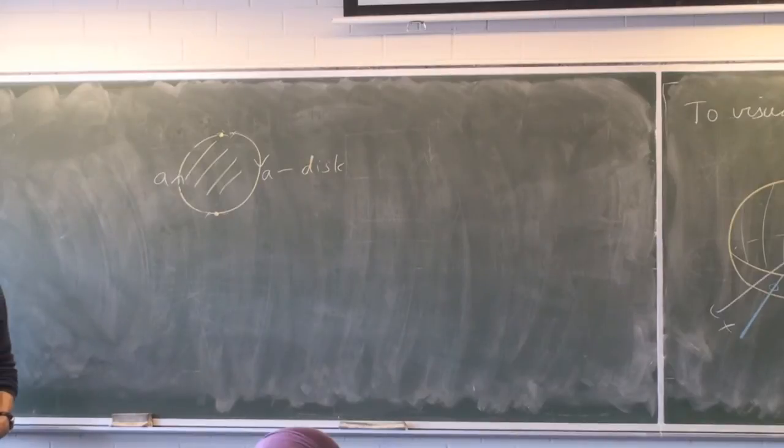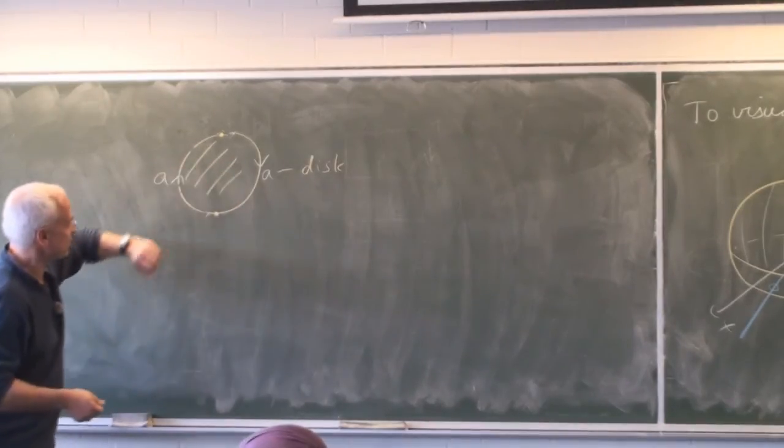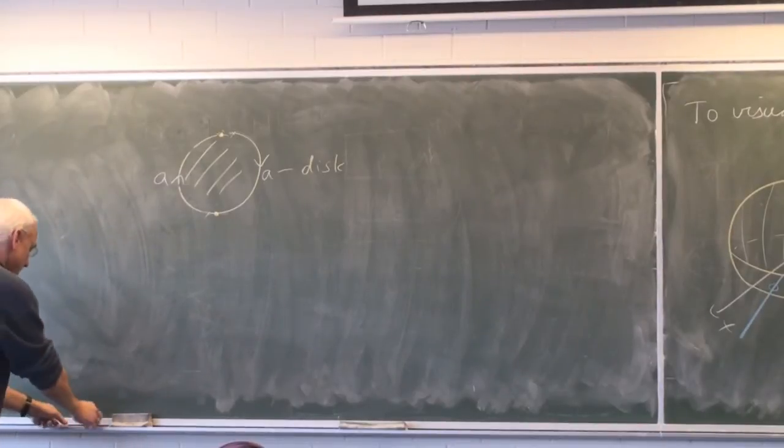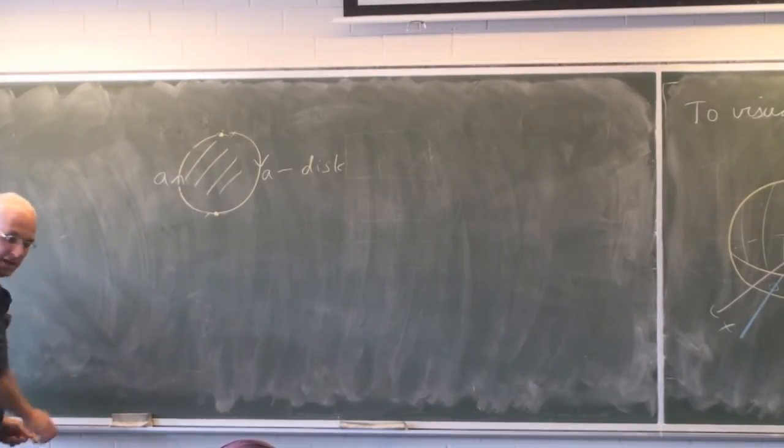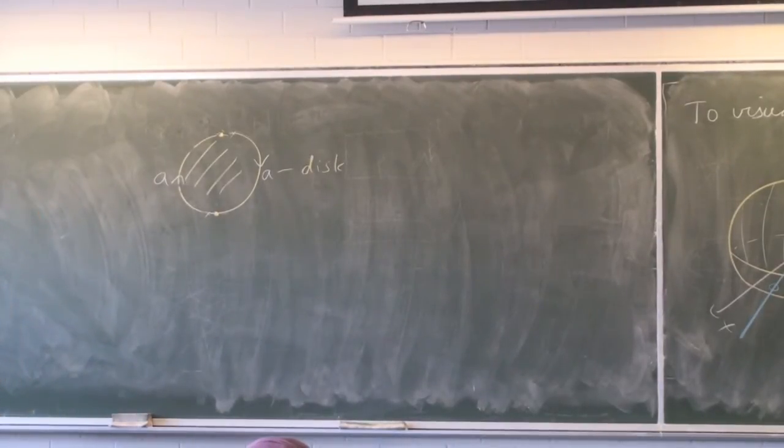You can't do all of it because this is not a surface that's visible in three-dimensional space as a proper surface. This formulation in terms of a disk, there's a variant which perhaps makes it a little bit more like the other ones that we've been looking at. So here's a variant.